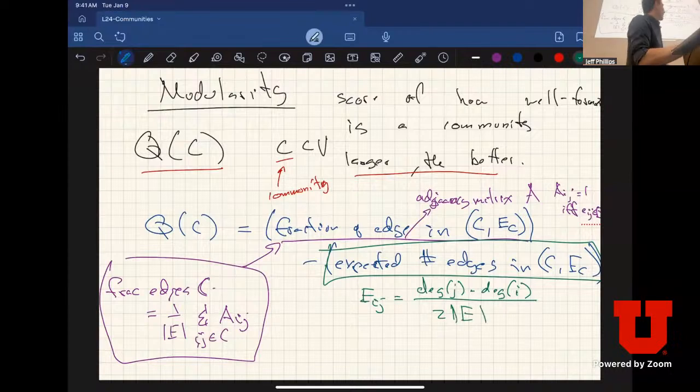The 2 is there because we're dealing with undirected graphs, and so an edge could appear in the degree of either of the vertices.